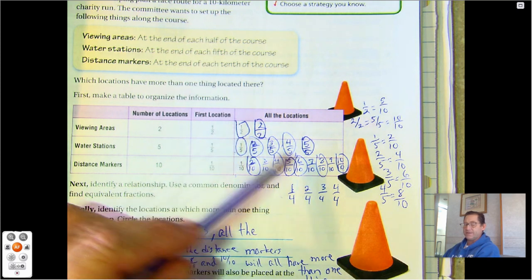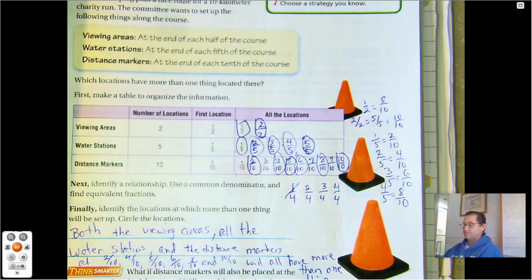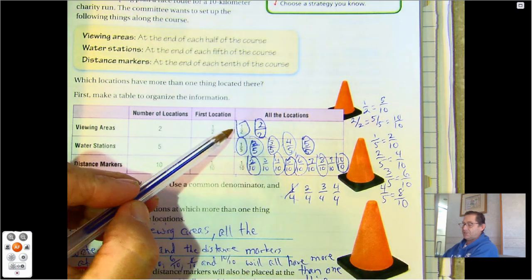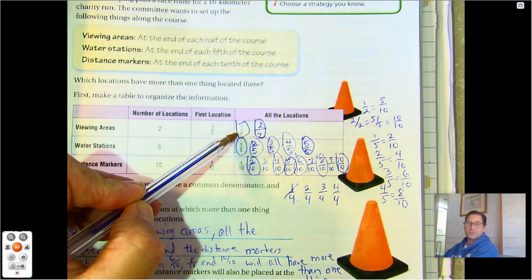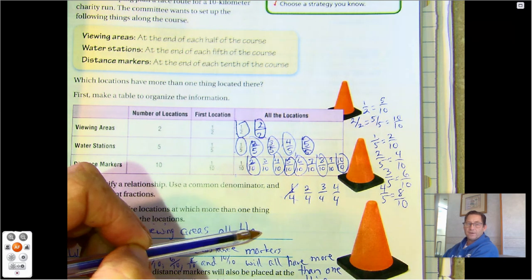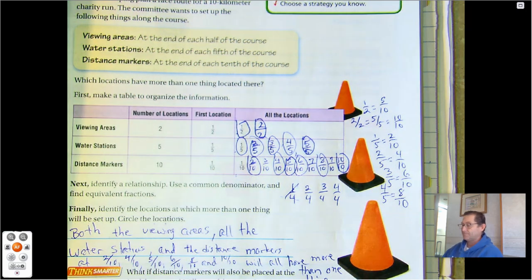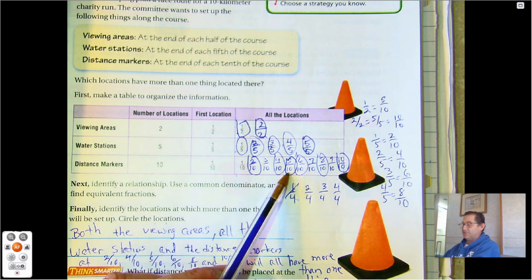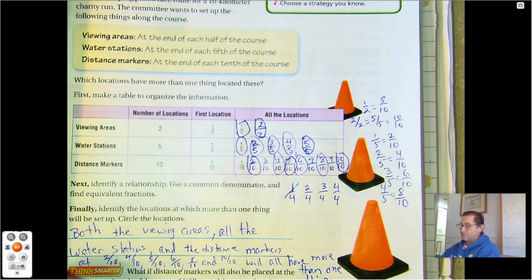So not 1/4, 2/4. Well, if I multiply 2 by 2, I'd get 4, and 2 times 1 is 2. So 2/4 would be at the viewing area, and it would also be at the distance marker, because 5/10 is also 1/2. So will any of those markers be set at the same location as another distance marker, a water station, or a viewing area?